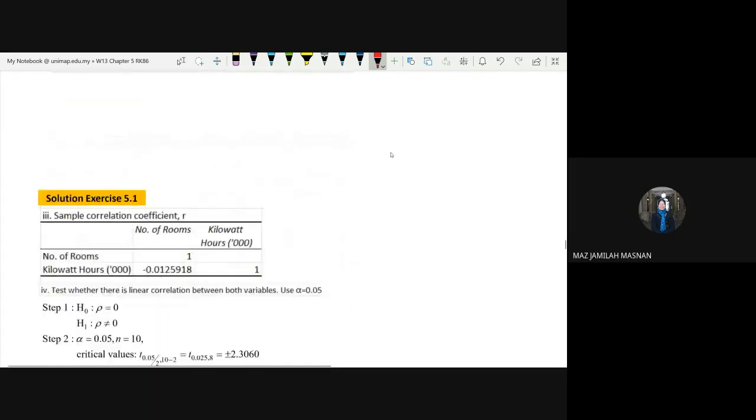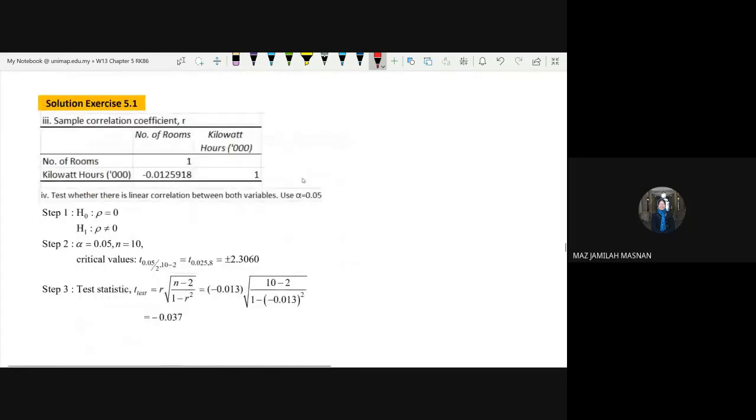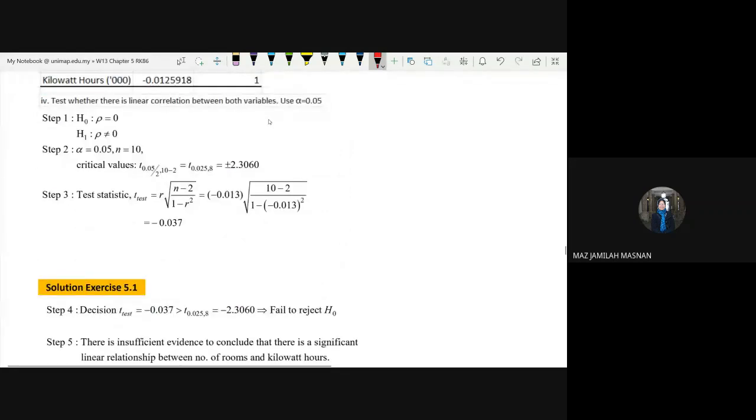Now, let us test. First we have our hypothesis statement. Null: no linear relationship between the two, or no linear correlation between the number of rooms and kilowatt hours.